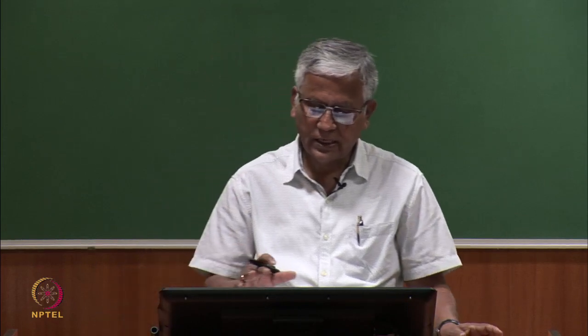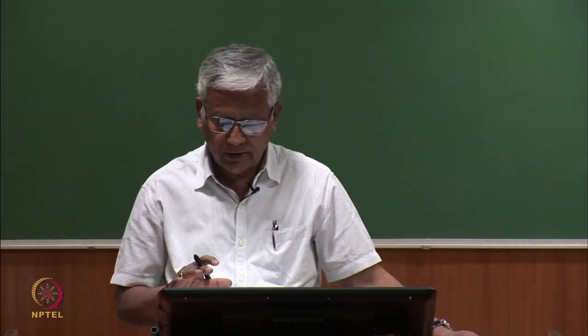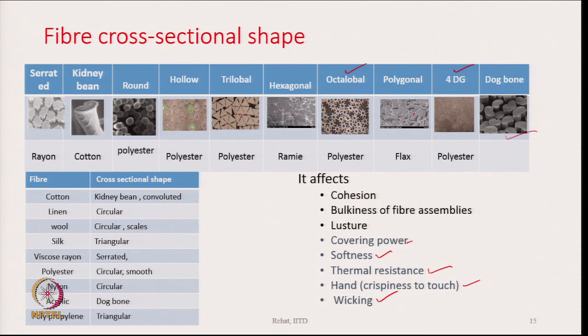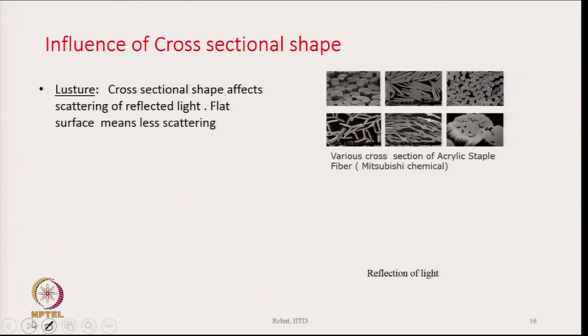So, that is one of the reasons why we have gone for certain types of shapes. Natural fibers also have different types of shapes which are controlled by nature, we have no role there, but for the synthetic fibers many a time different shapes can be made or engineered depending upon our need.